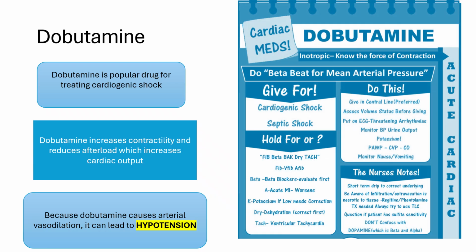It's going to decrease. Think about how septic shock presents. So sometimes when a patient is going to need dobutamine, we're going to need to start a vasopressor such as norepinephrine to cause a little bit of constriction and to balance out that cardiac output, if that makes any sense.